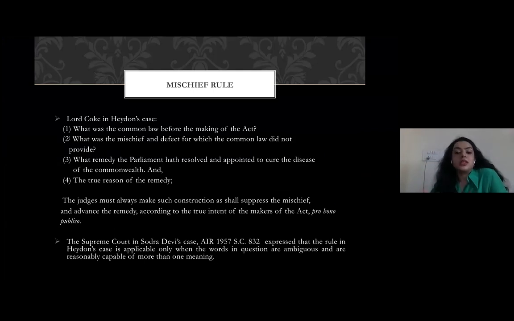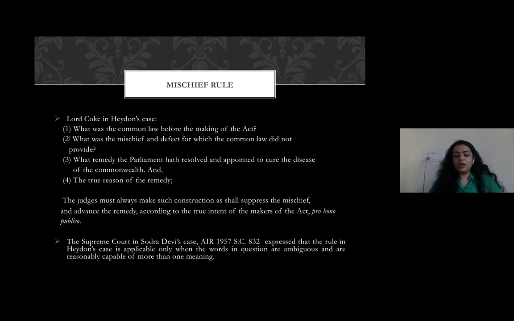How has Parliament made efforts to cure that defect or that mischief, and what exactly is the reason for the remedy that has now been provided in the new statute. As you see, I will just read it out. They said the judges must always make such construction as shall suppress the mischief and advance the remedy according to the true intent of the makers of the act, pro bono publico, which means in furtherance of the larger public good.